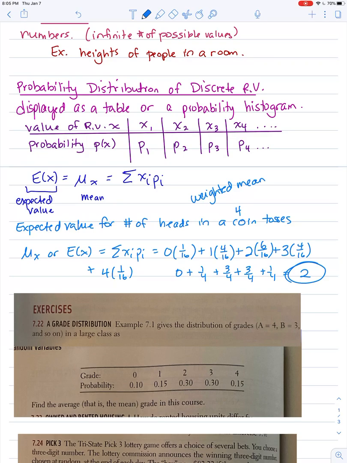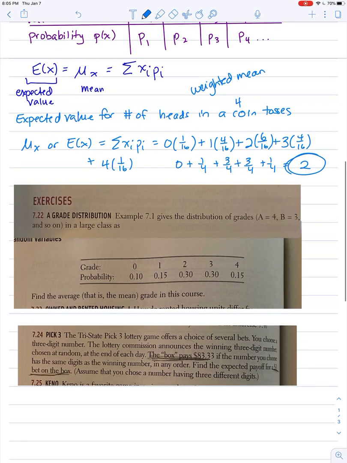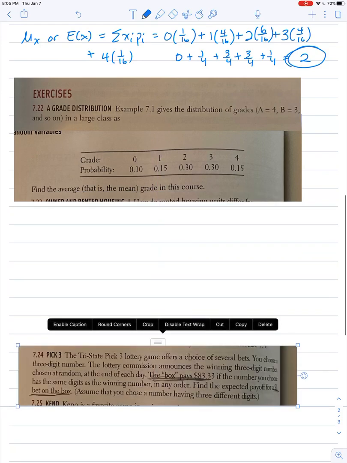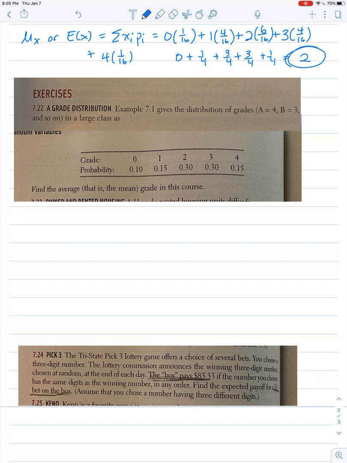All right, so I have to do like 1 or 2 more examples with you. So these are from the book. So for this first question, it wants the average or the mean, which is the expected value, and they're giving you the grade and the probability. So all you have to do is that formula that we just learned.